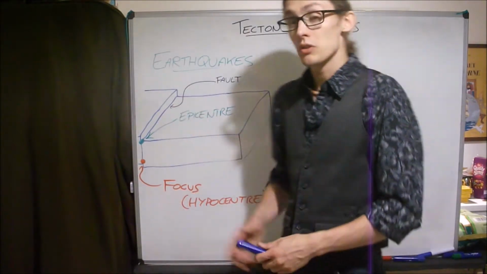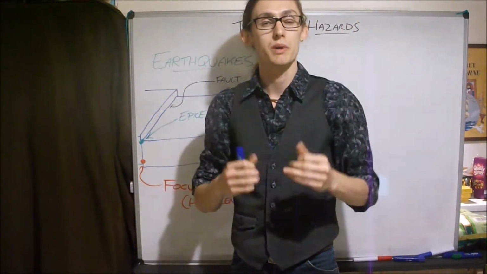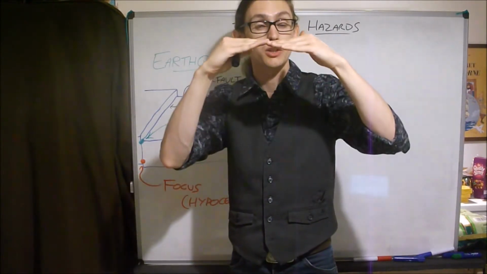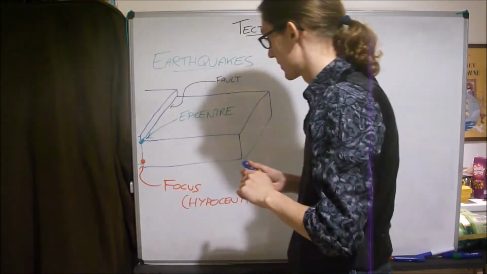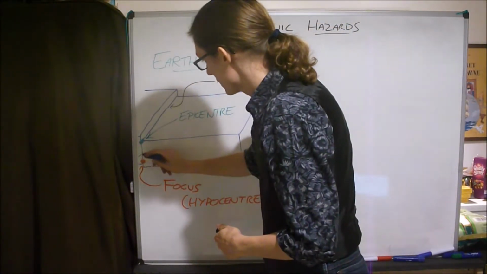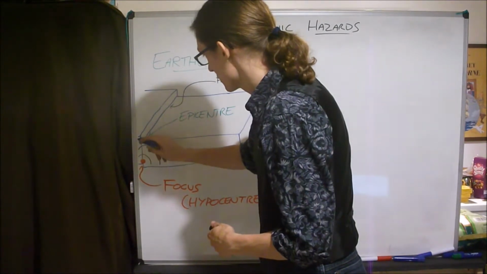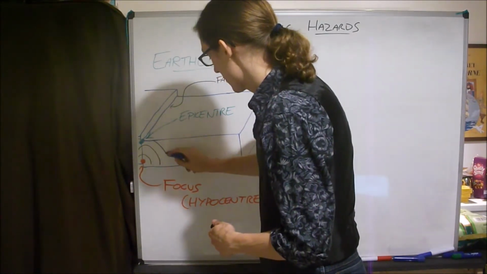You might get a fault as well forming as the pieces of rock move past each other. You might get a fracture in the crust called a fault. You might not, you don't always. Anyway, energy is released from the focus outwards.